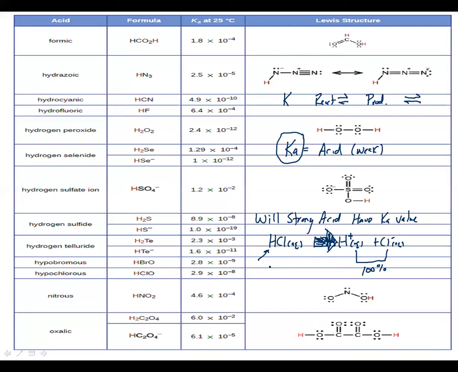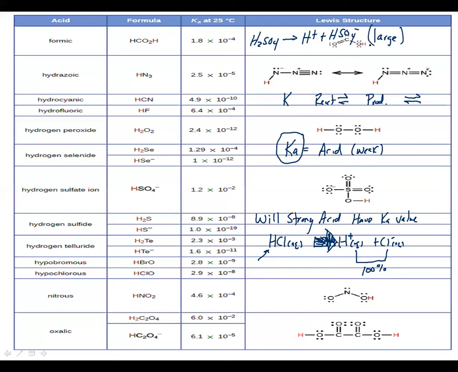So that is why when you look on these tables, you typically will not see a strong acid on it. The only one that you sometimes will see on it is like H2SO4. And that's for the first step where this guy drops off that one H plus. And in a lot of tables, they simply put the value of it's very large, which is obviously not very helpful for calculations or anything like that.